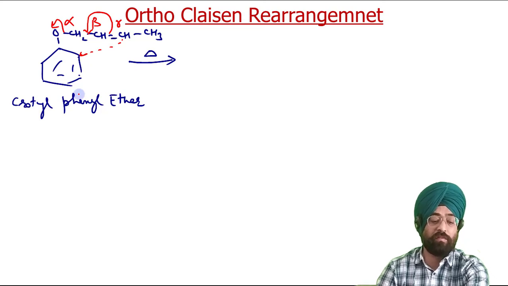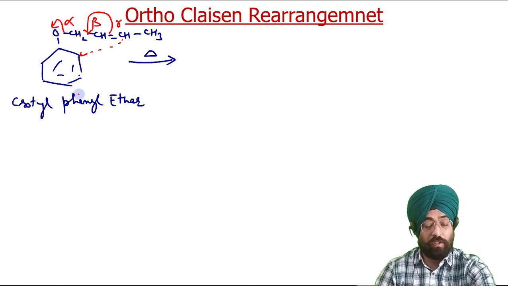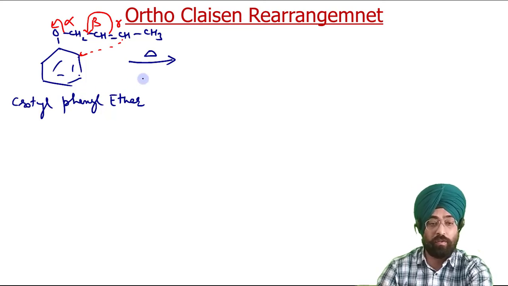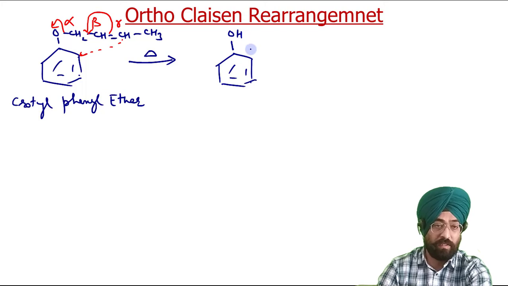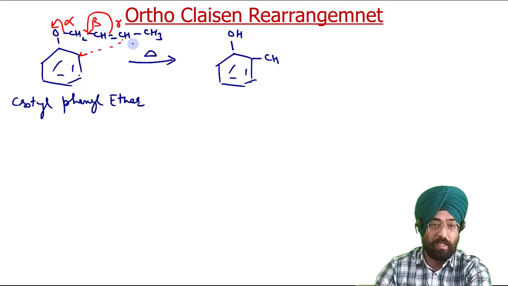So that is the importance of mechanism. That is how we can predict the product in ortho rearrangement. So by this, let us try to write the product. Now this will become OH, as we have seen from the mechanism. Now this carbon gets attached here, CH. Now this becomes double bond CH2.